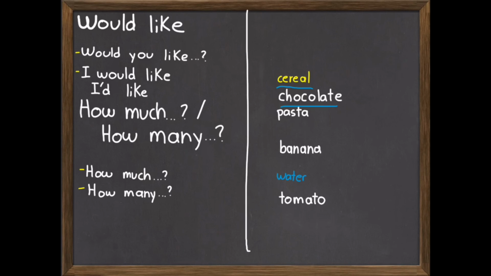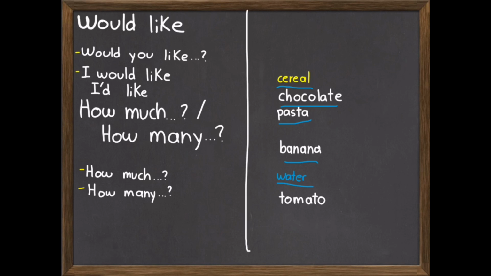Or how many bars of chocolate have you eaten? For pasta, how much pasta have you eaten? Why? It's an uncountable noun, so we use how much. For banana, how many bananas have you eaten?